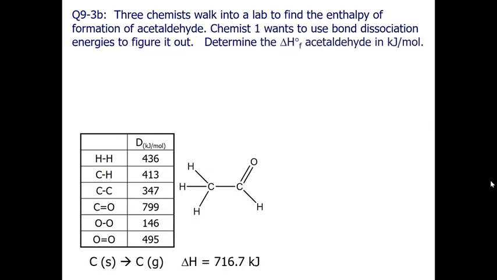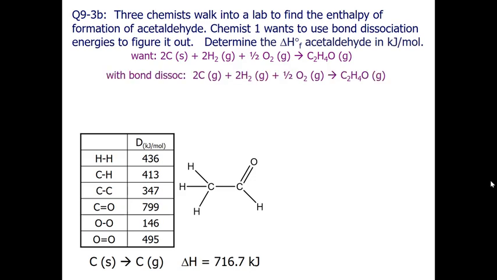So now I need to use this reaction right here in the next part of my calculation. Moving back to question 3b, what we want is to use the reaction shown here to get the enthalpy of formation of acetaldehyde. The only problem is that bond dissociation energies require everything to be in the gas phase.